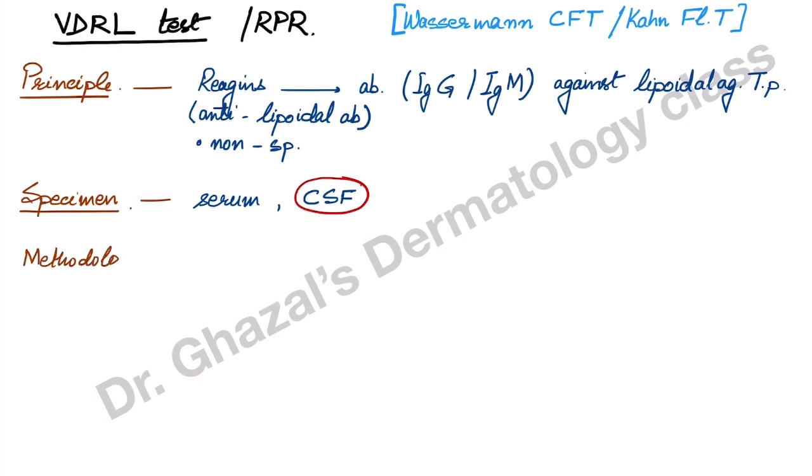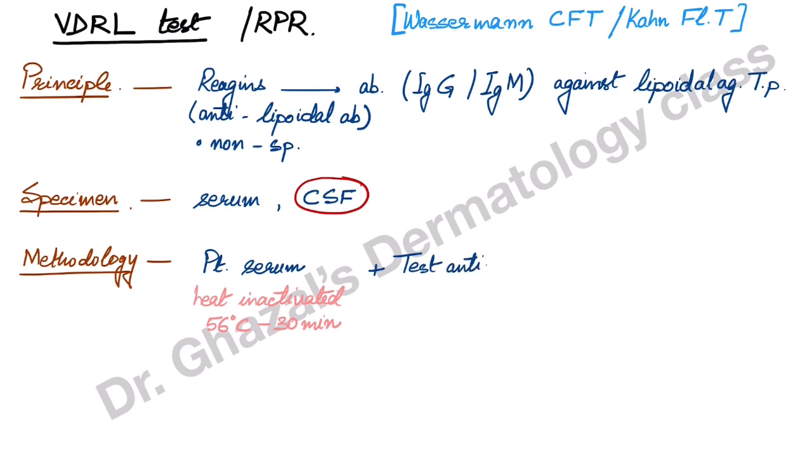In methodology, what we do is take the patient's serum and first heat inactivate it to remove all the complements which might cross react with the test antigen and give false positive results. So it is heat inactivated by keeping in a water bath for 30 minutes at 56 degrees Celsius.